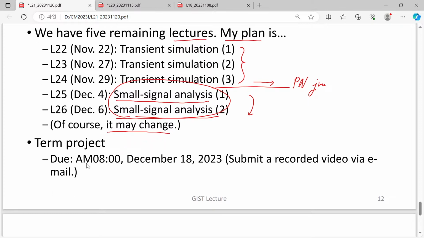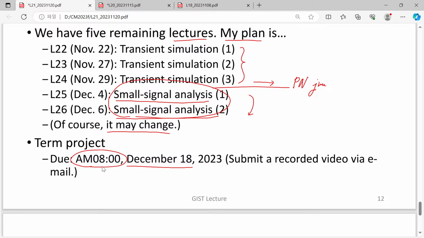Once again I want to stress that the term project due date is December 18th, and before 8 o'clock please submit a recorded video via email. Not the LMS system, but please send it to me directly using your email.